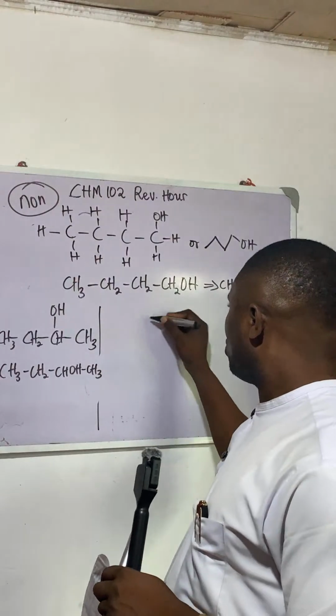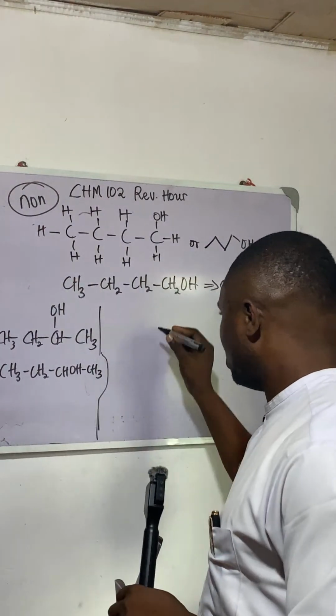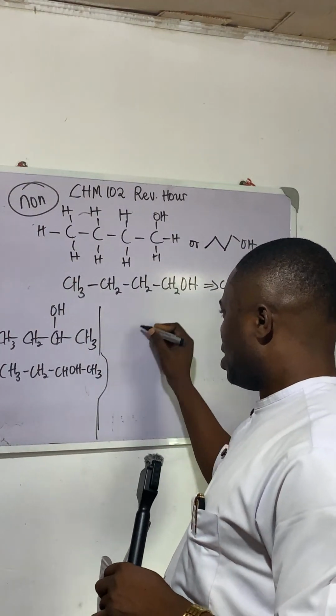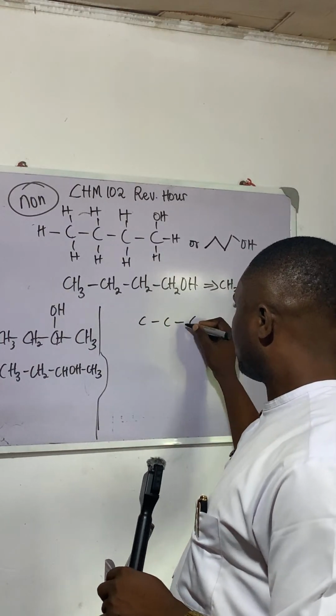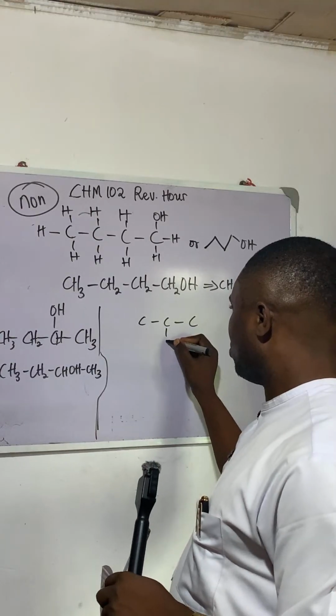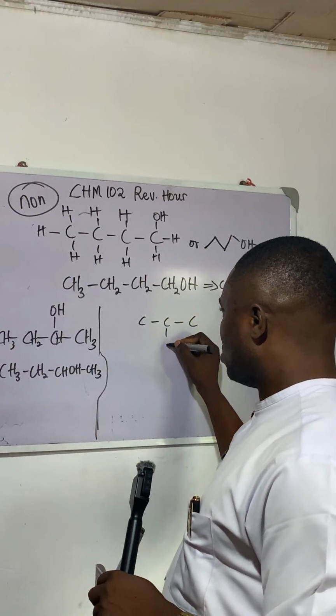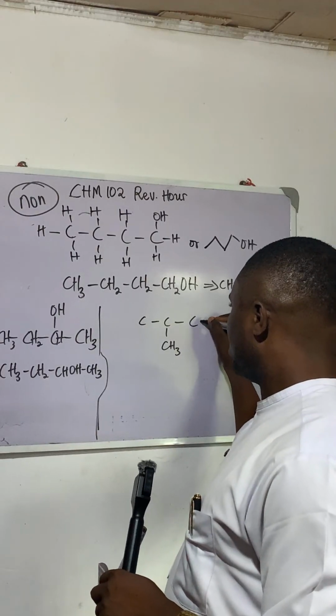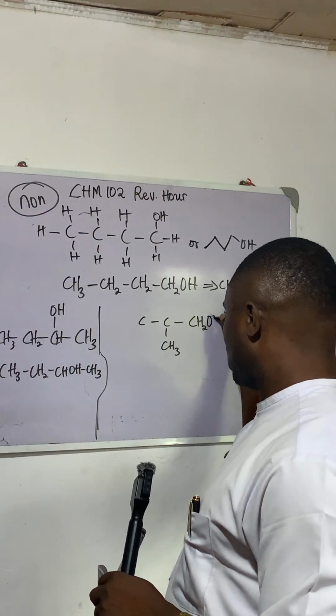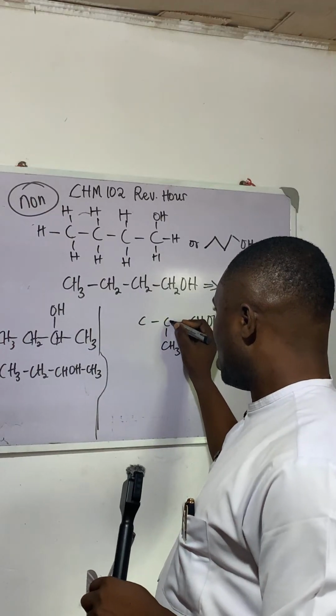I'm not done. You can also have it this way. Pay attention. You can also have something like this, whereby you have CH3 here. And what do you have here? You still have your maybe CH2OH. Pay attention.